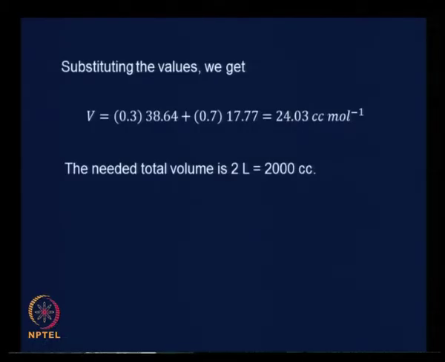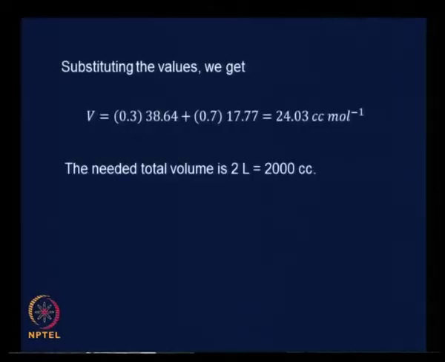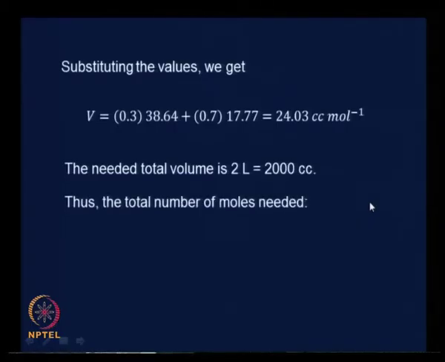We need to essentially find out how much of these two solutions we need to mix to get 2 liters of the total solution. The total volume needed is 2 liters, which is 2000 centimeter cubed. We have these in terms of centimeter cubed, and therefore let us also convert this into centimeter cubed, that is 2000 centimeter cubed, and the total number of moles required, this is N, is the total volume divided by the molar volume.